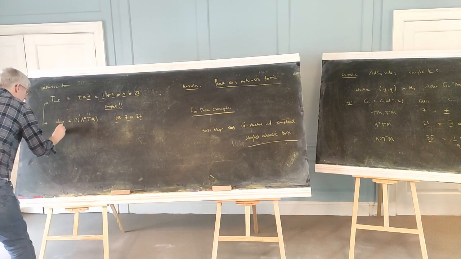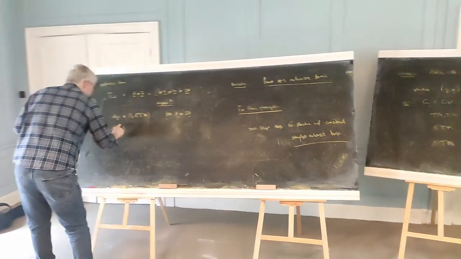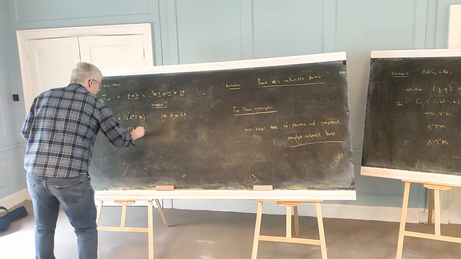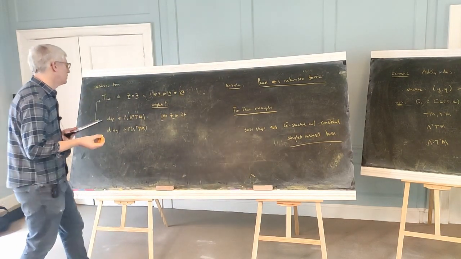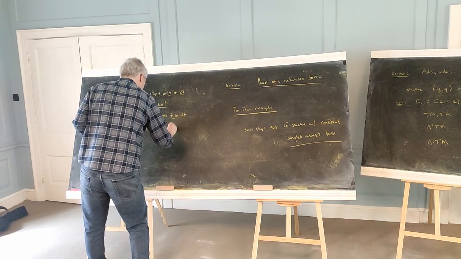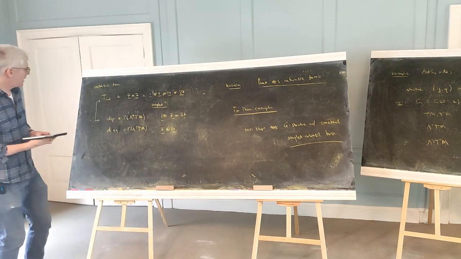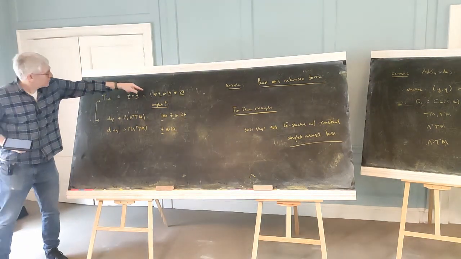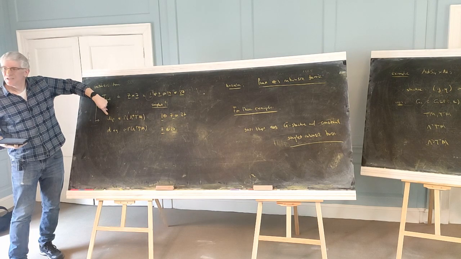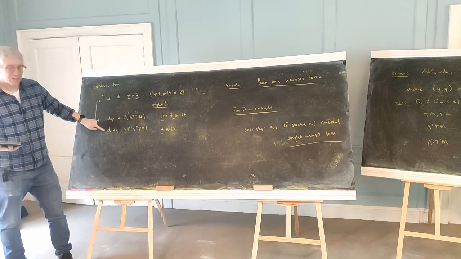And d star phi lives in wedge 5 T star M. That's like two forms, 5 and 2 are dual to each other. So for two forms, that's the 7 plus the 14. So you can see explicitly that the 1, 7, and 27 components of the intrinsic torsion appear in d phi, and the other bits appear in d star phi.